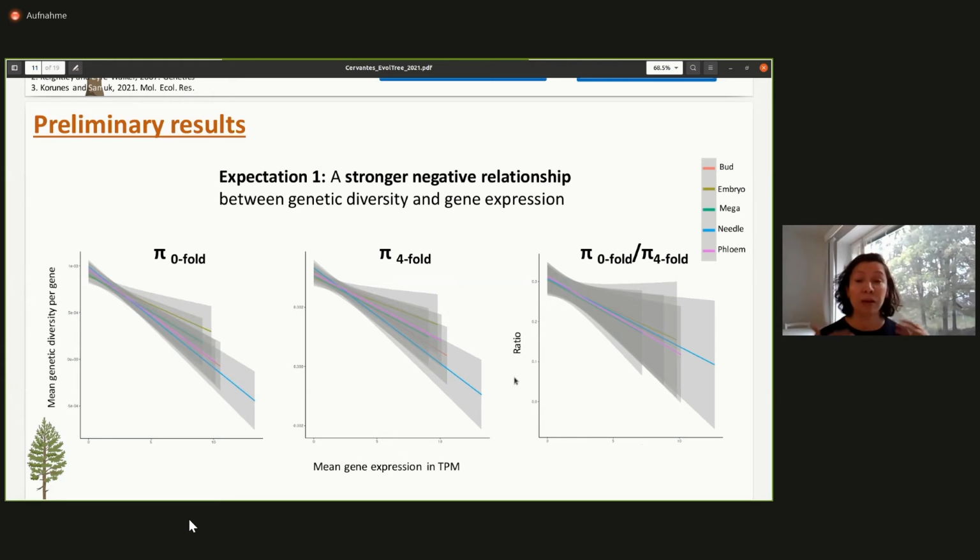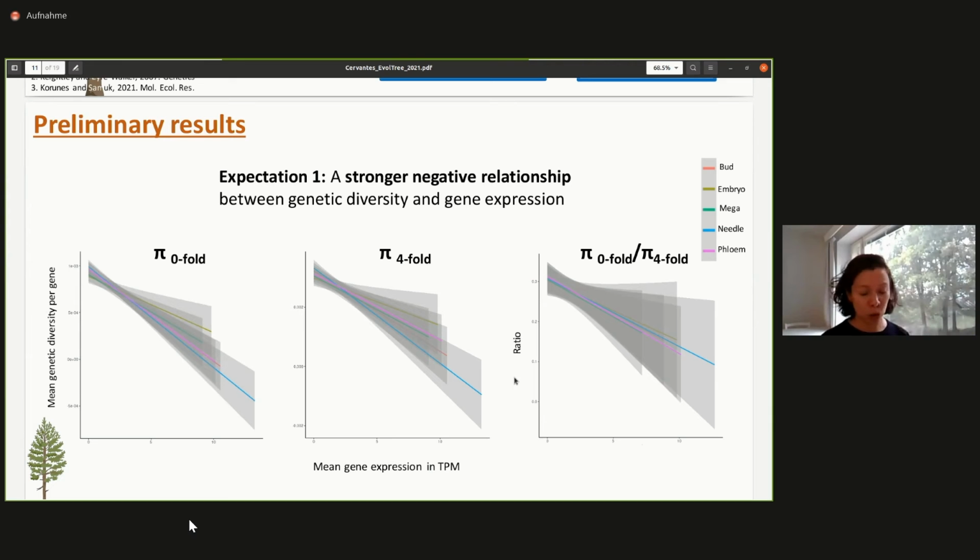Besides that, even if we were to observe the trend that we were expecting, the dispersion in the data is so high that there is no difference between the different tissues. But I'm going to be very positive in here. For the relationship of the ratio of non-synonymous to synonymous to the gene expression, we were able to get a glimpse of the trend that we were expecting.